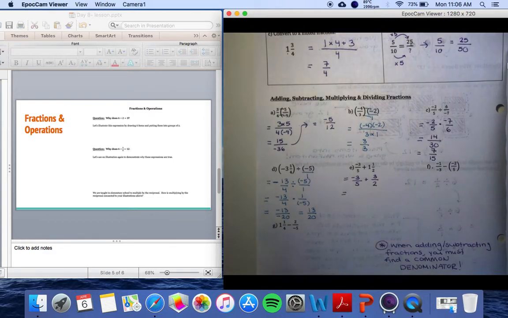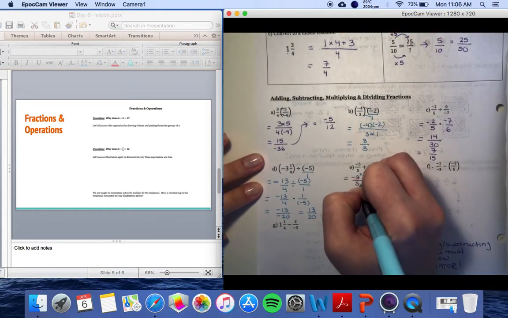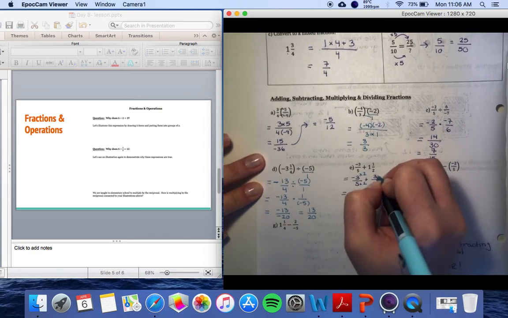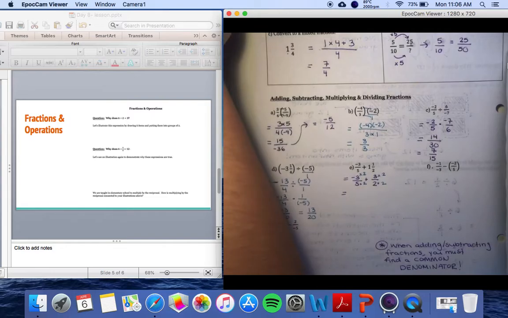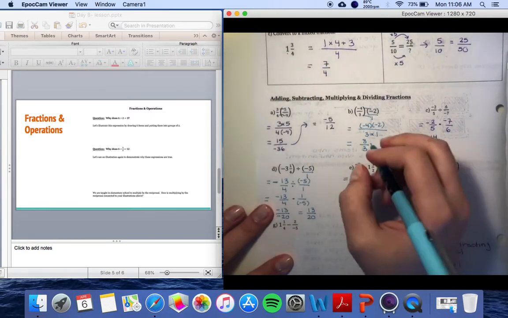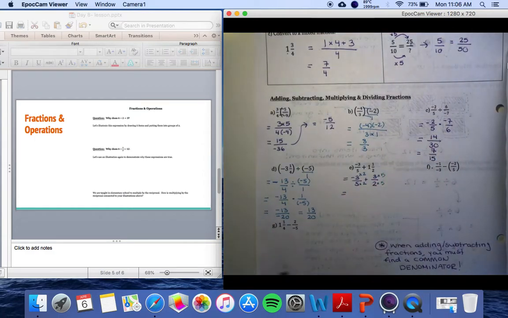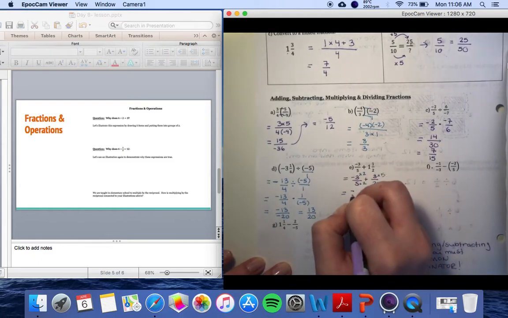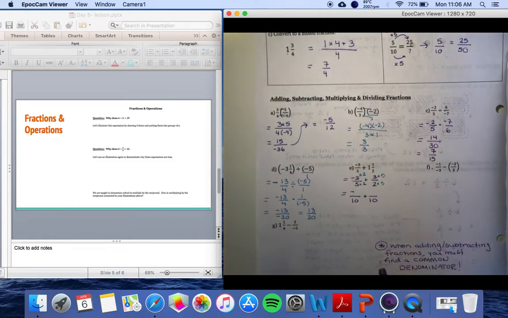So in order to get to that number of 10, we can multiply the first fraction, both top and bottom, by 2, and the second fraction by 5. And this will allow us to now have a denominator of 10 for both fractions.